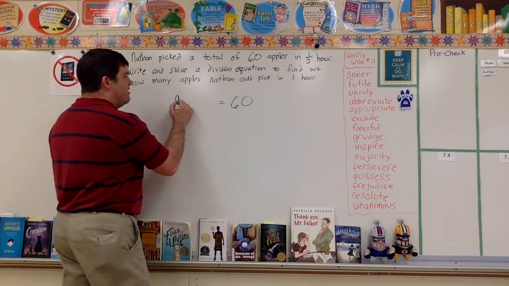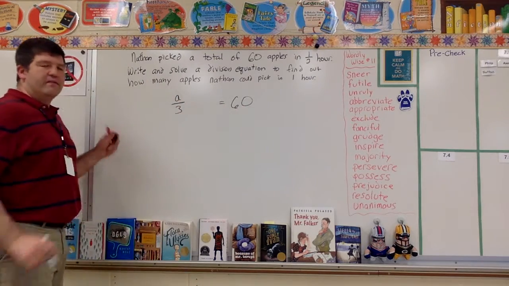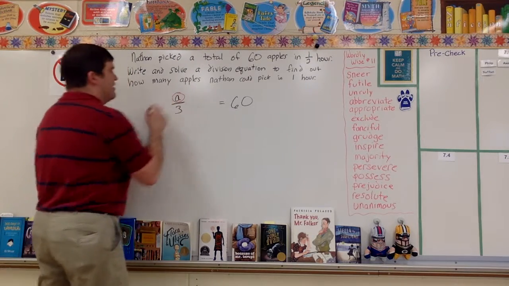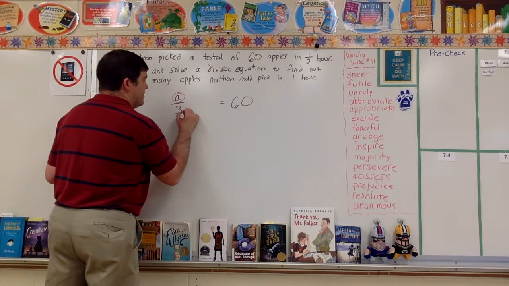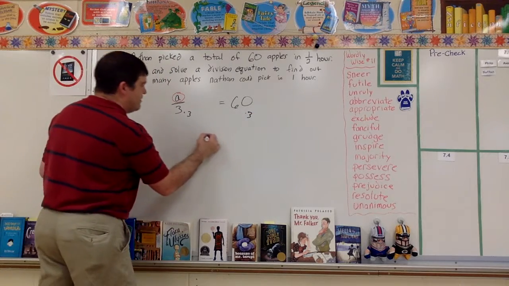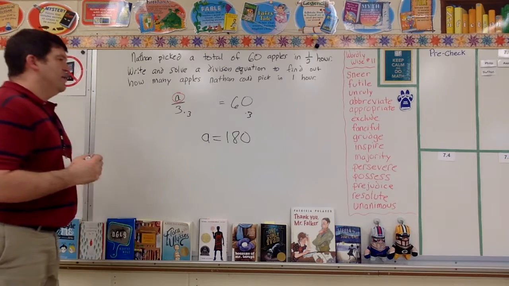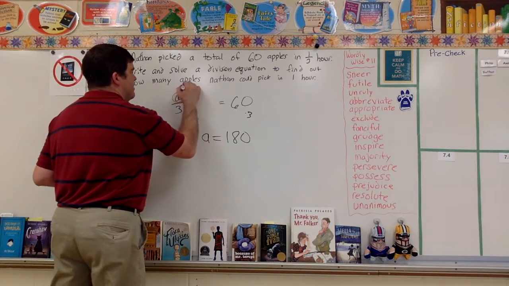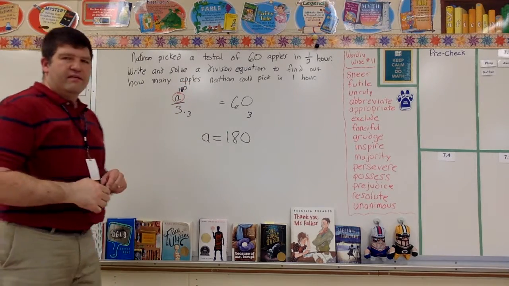And so I have A divided by 3 equals 60. Now, I'm going to isolate that, and it's divided by 3, so I times each side by 3. Times 3, times 3. This gets me A equals 180. Then, if I put 180 in here, 180 divided by 3 is 60.